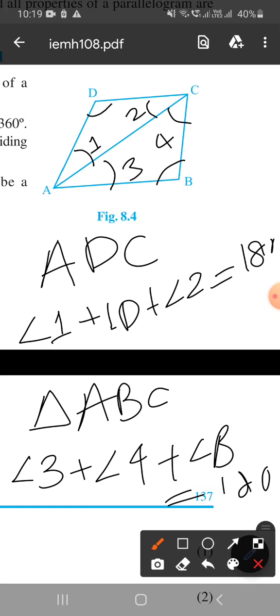Now suppose this is equation 1 and this one is equation 2. If you add these two equations, angle 1 plus angle 3 will form angle A, angle 2 plus angle 4 will form angle C, and angle B plus angle D on the LHS, and on the RHS it will become 180 plus 180, that is 360.